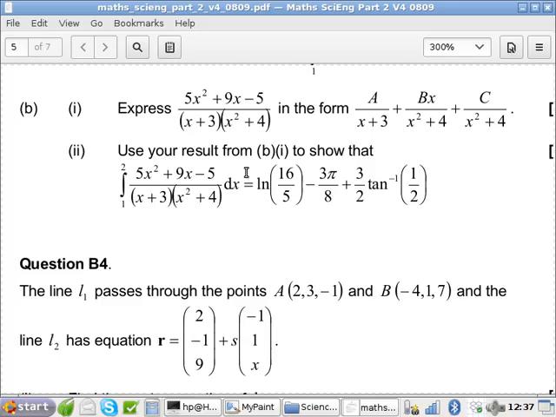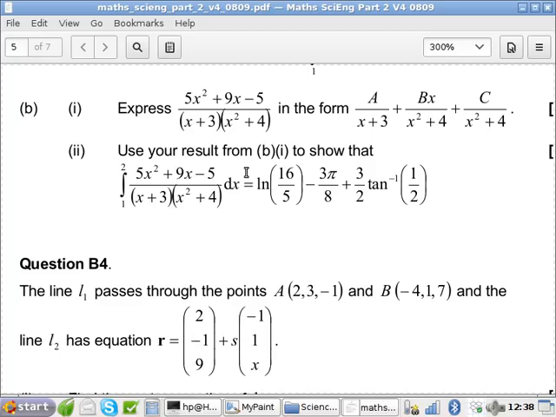And here, anyone know what to do for substitution? No? Let u equal x squared plus 4. And this will become a log. Because I said whenever the top is a derivative of the bottom, then you should let u equal to the bottom.